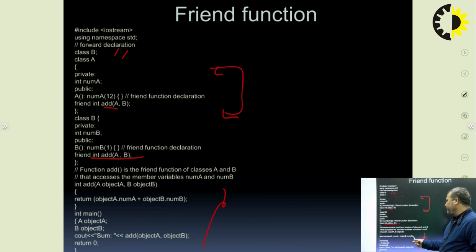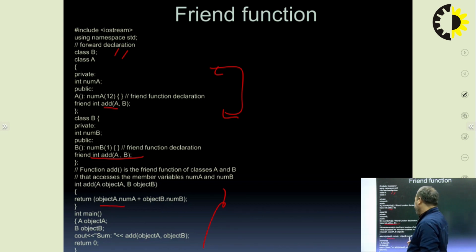And this is the definition of the add function. In a friend function, we simply pass the objects of the class to the friend function, not simple members. Like we can see here, add takes object A and object B as arguments. So a friend function in general takes objects as arguments, right?